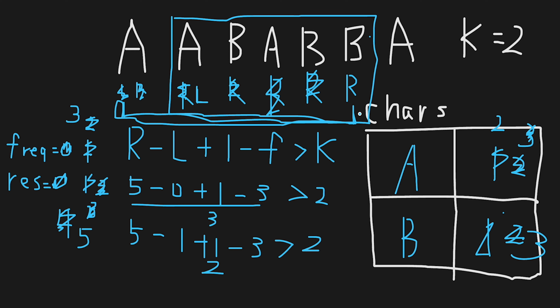So okay, now we have 2a and 3b, so we can change a character twice. If I change this a to b, we successfully get 5b. So that is the longest substring between the left pointer and the right pointer.